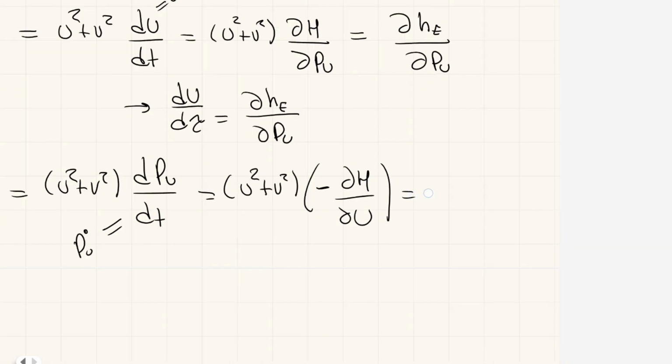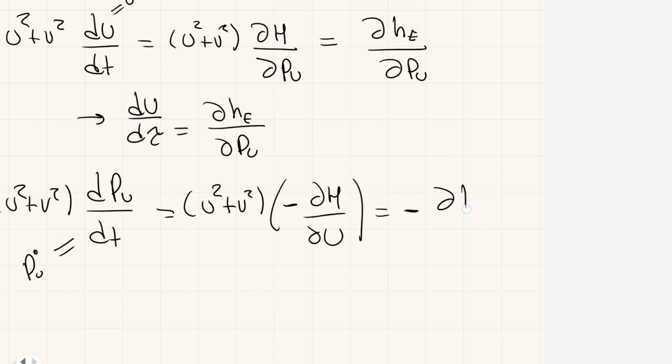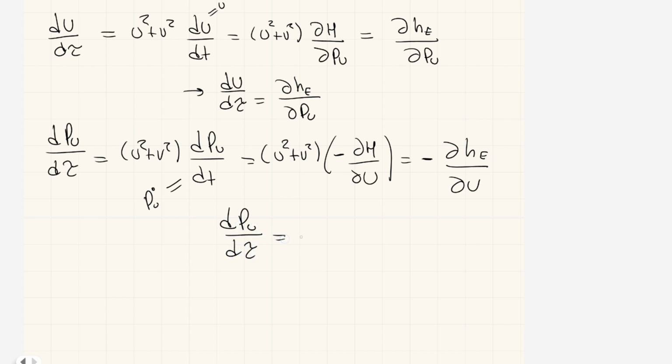But again, using the other formula that we found, this is minus the partial of he with respect to u. So we get that the derivative of pu with respect to tau is equal to minus the partial of he with respect to u.